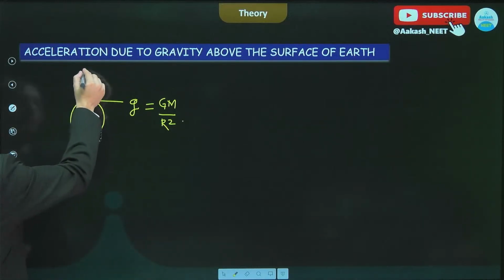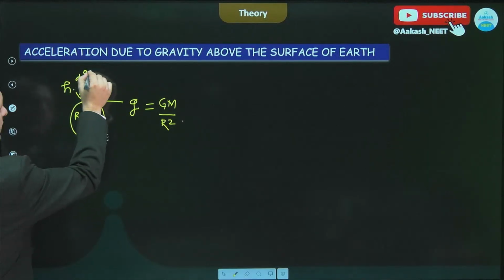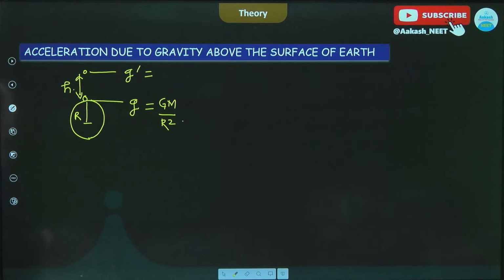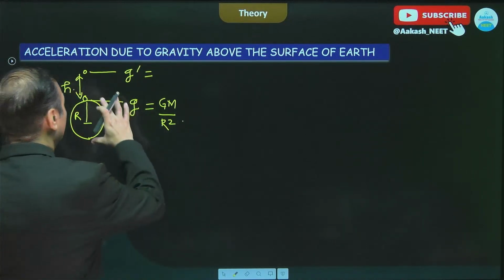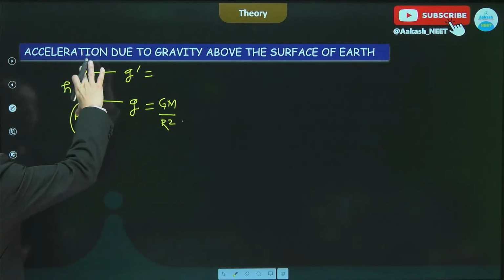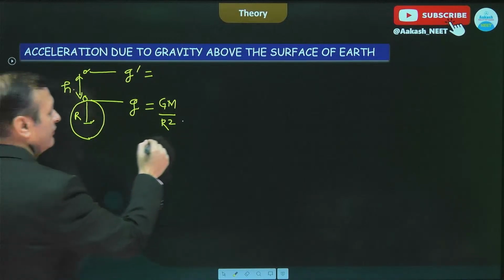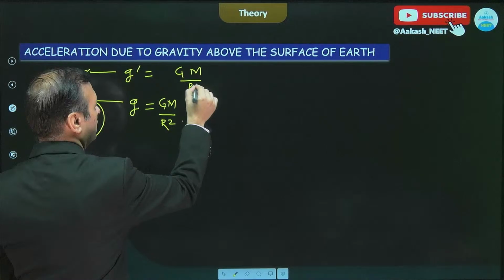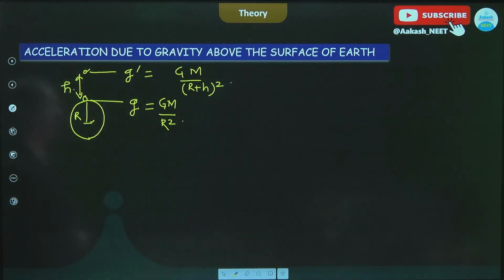Now you take the body to a height h, and here acceleration due to gravity, I am stating it as g prime, g dash. And now if you look at this, the complete separation of this mass and this center of Earth is R plus h. So that becomes GM upon R plus h whole square. Got it?